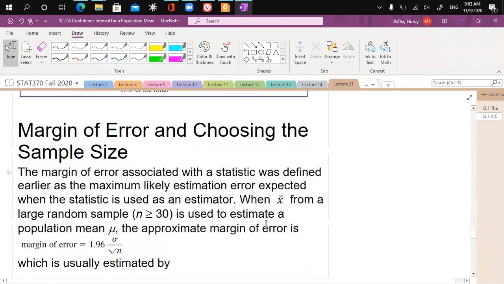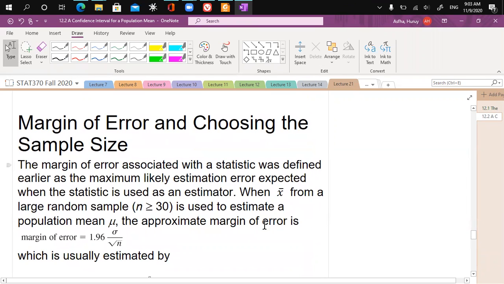Okay. Now the next thing that goes with the confidence interval is the margin of error, as well as the sample size. This is important because when we do surveys, we sometimes would like to have an idea about our margin of error, or to fix our margin of error.